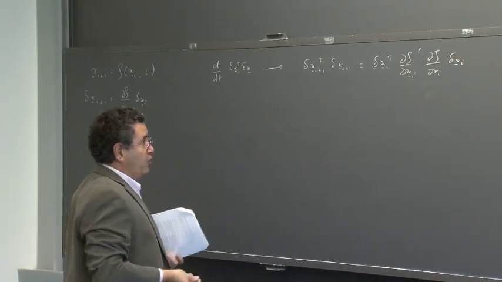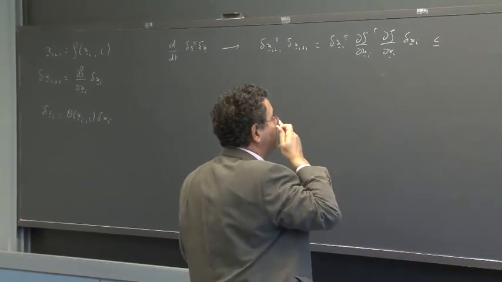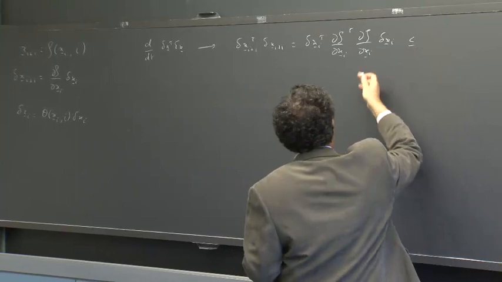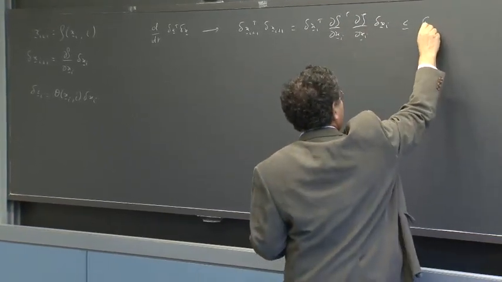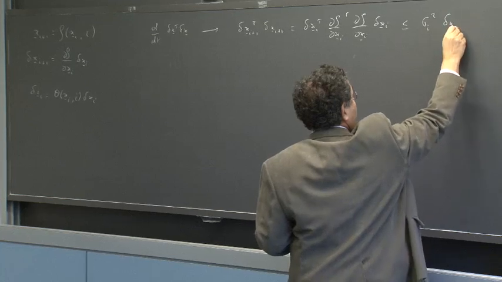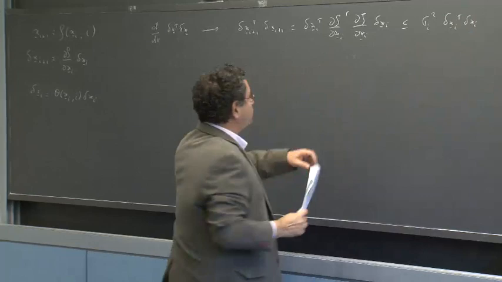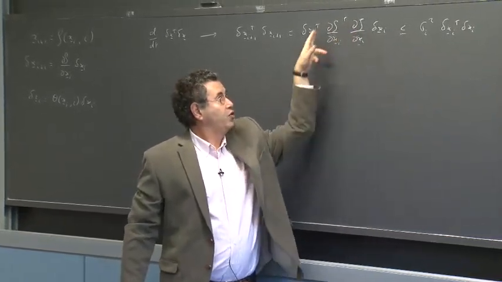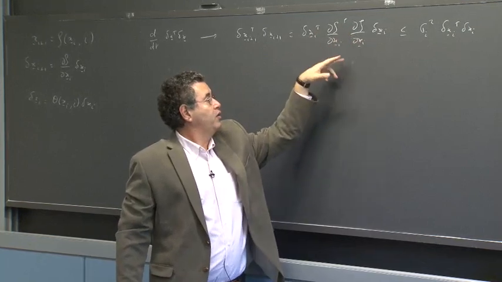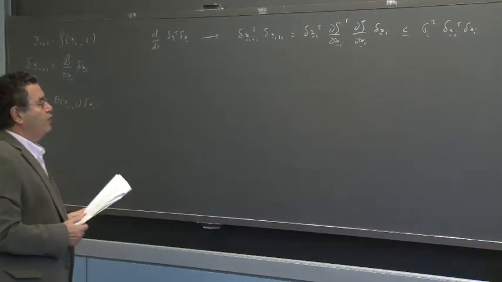And if we want this to be decreasing, then it has to be less than sigma I square delta xi transpose delta xi, where sigma I square is the largest eigenvalue of this quantity.